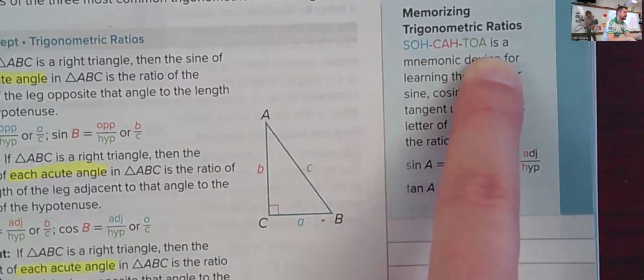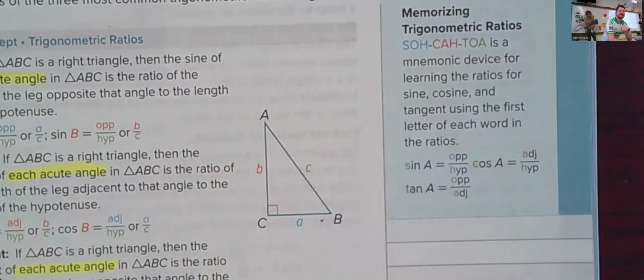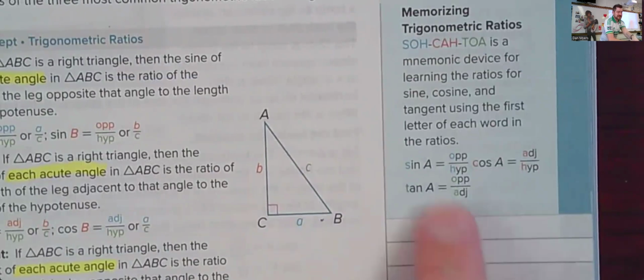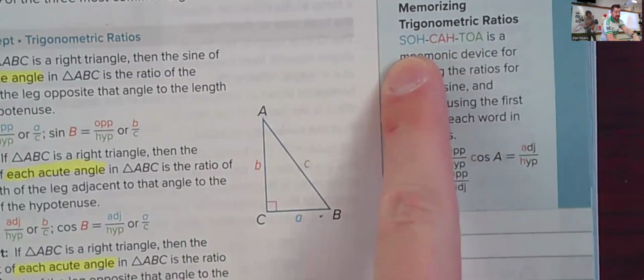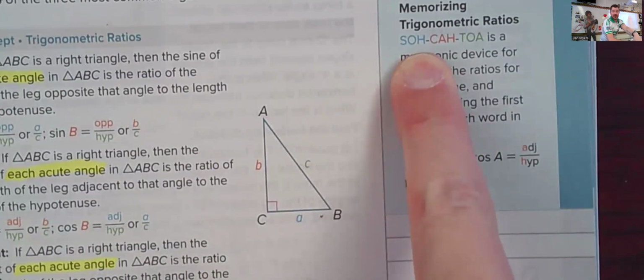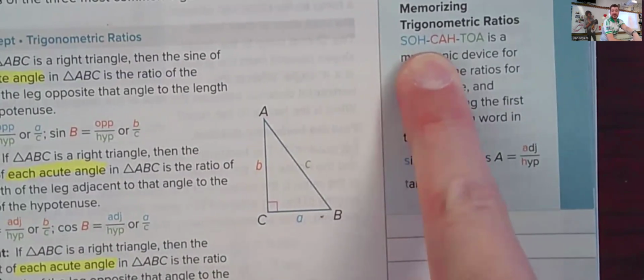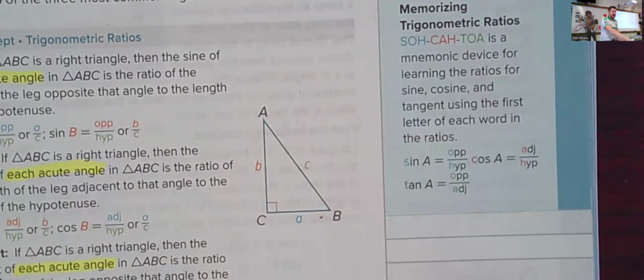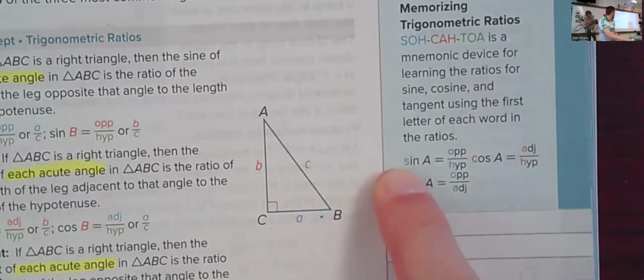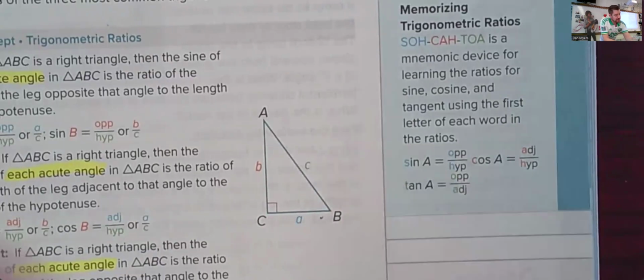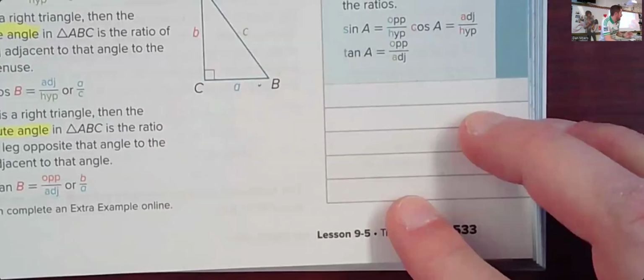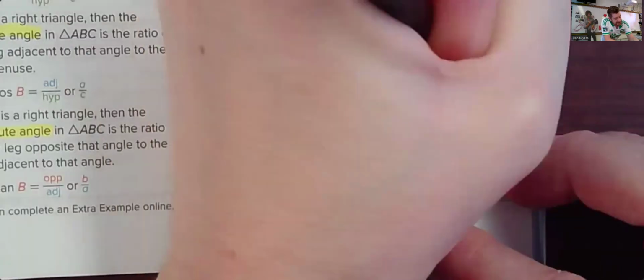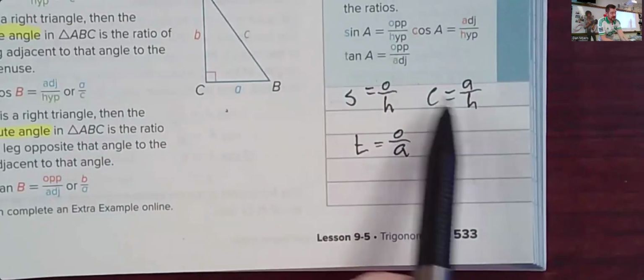So S for sine is equal to the length opposite from that angle over the length of the hypotenuse. The way that I oftentimes write it as well is S equals O over H, C equals A over H, T equals O over A. So here it is. SOH, CAH, TOA.